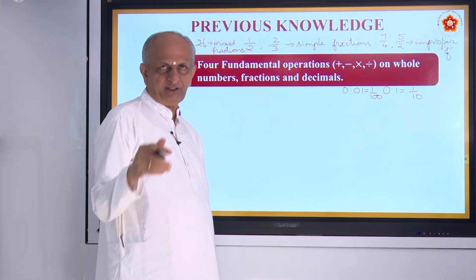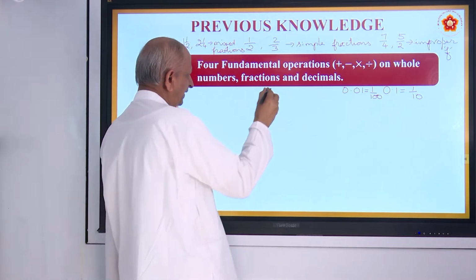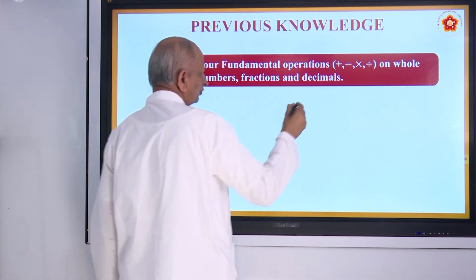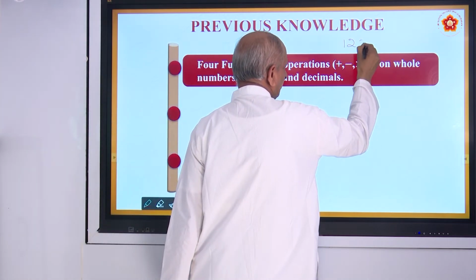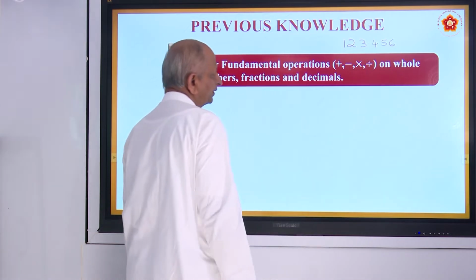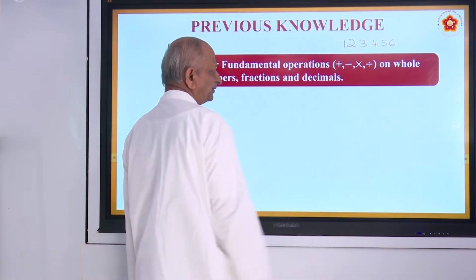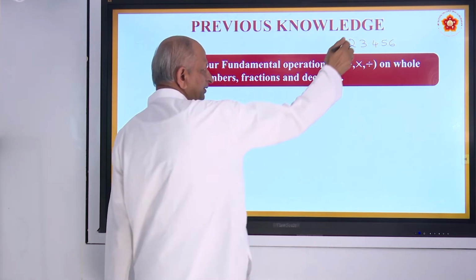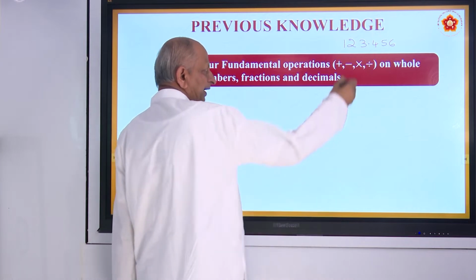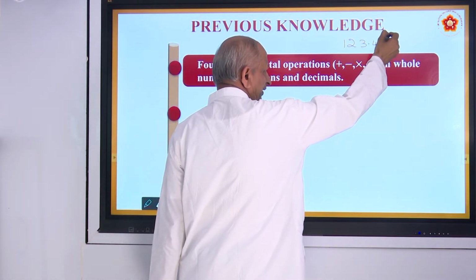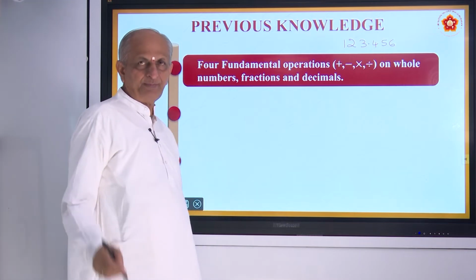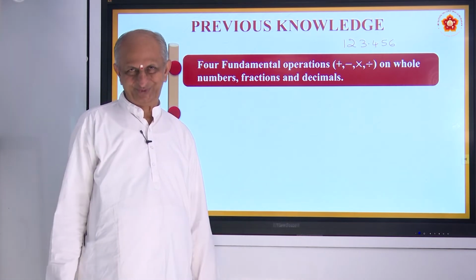For example, if you have a number like 123.456, this is the whole number part, and this is the decimal point. And this is the first decimal, second decimal, third decimal, and so on. And they have got place values.